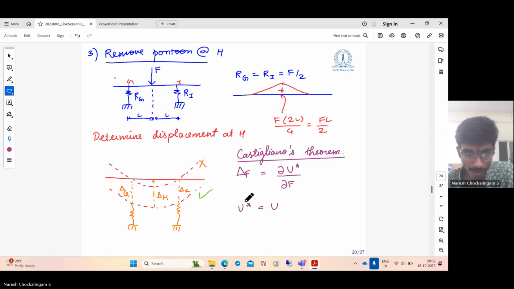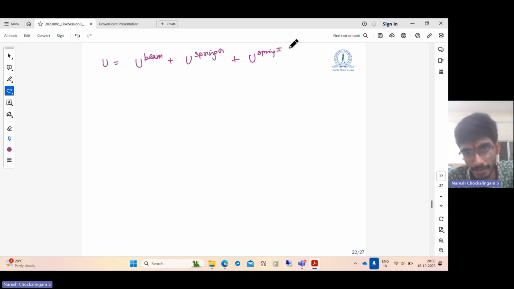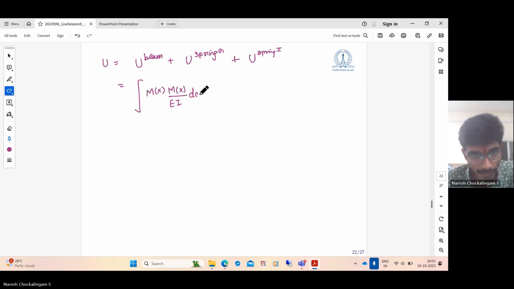So let us write the expression for the strain energy of the structure. So U has components from the beam, from the spring at H, sorry, the spring at G, and it also has a component from the spring at I. So we know that the strain energy of the beam is given as M of x, the internal moment, acting on the internal rotation, which is M by EI, the curvature, multiplied by dx.